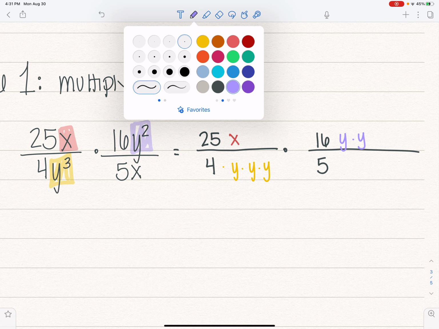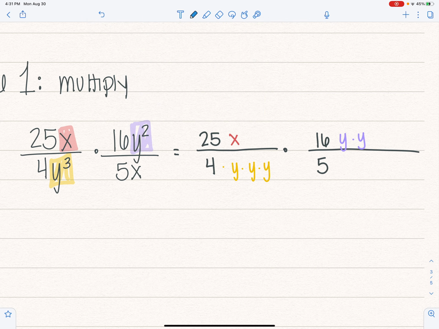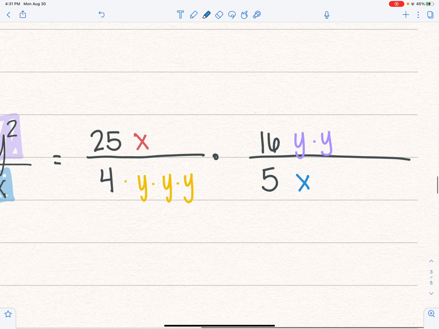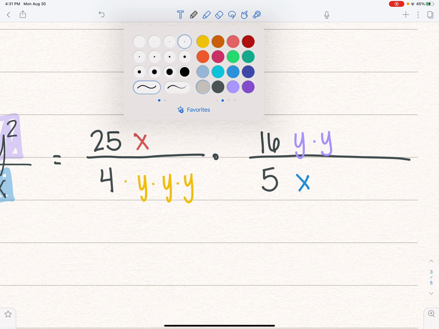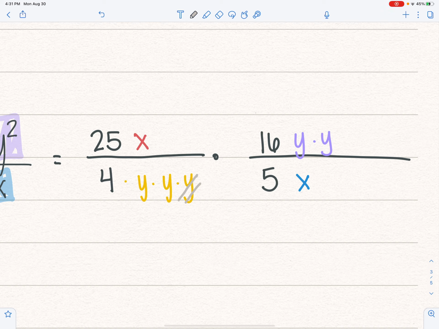And then this bottom x will just stay the same because it is already to the 1 power, so there's nothing really to write out there. Now from here, I'm looking for whether anything cancels on the top and bottom. Because everything is already touching multiplication, I can go straight to cancel. So I can cancel a y with a y, another y with another y, and then I can cancel the x's on the top and bottom.